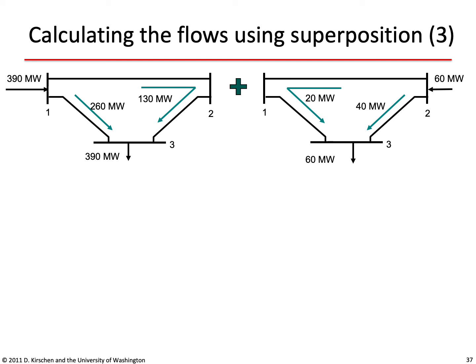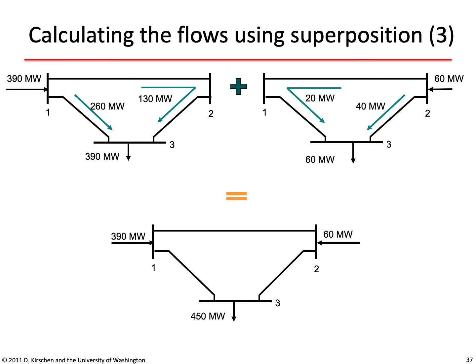We can now put things together as called for by superposition. So let's first look at the flow in line 1, 2. Flow in line 1, 2 is going to be 110 megawatts because we get 130 megawatts flowing from 1 to 2 from the 390 megawatt injection and 20 megawatts flowing from 2 to 1 for the 60 megawatt injection.